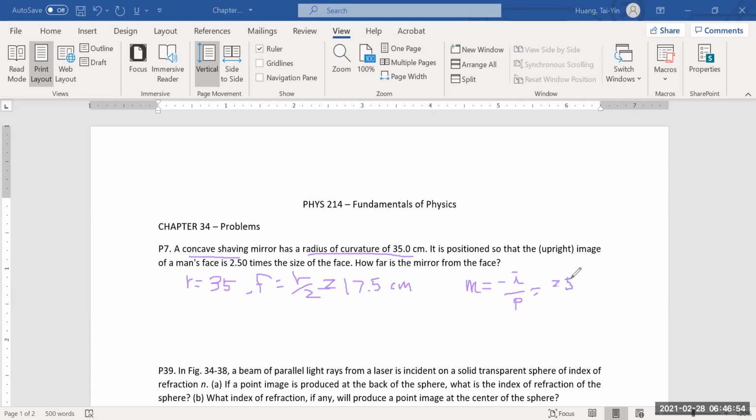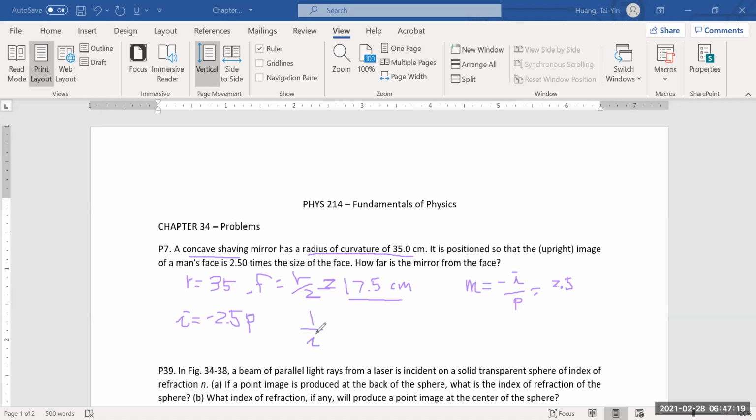So this equation relates the image distance to the object distance. In that case, your I is equal to negative 2.5 times P. Once we have that, we have the focal length, and we have the I in terms of P, so we can apply the equations.